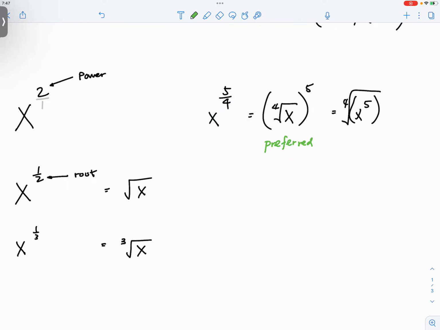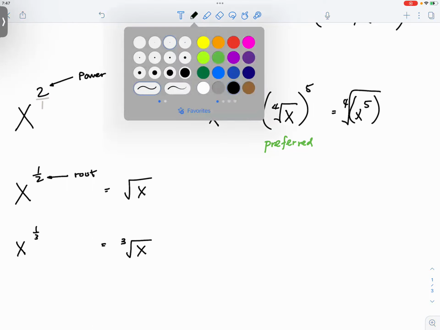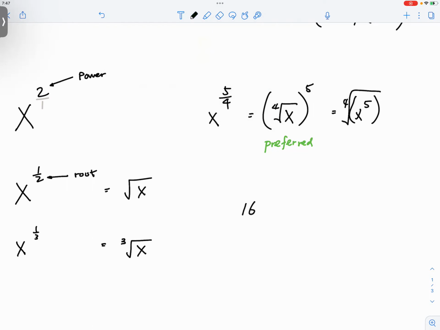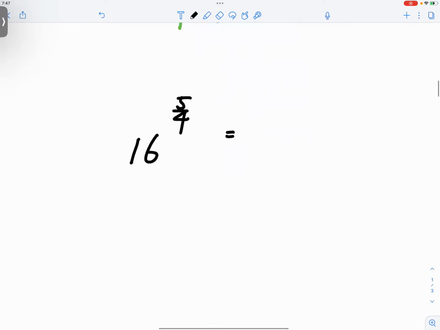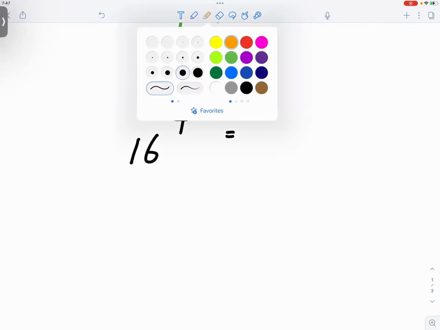Let me give you one quick example. What if you have a number like this? So now what we expect is that when you look at the exponent, you're able to tell that this is the, well, hold on, let me make it smaller.